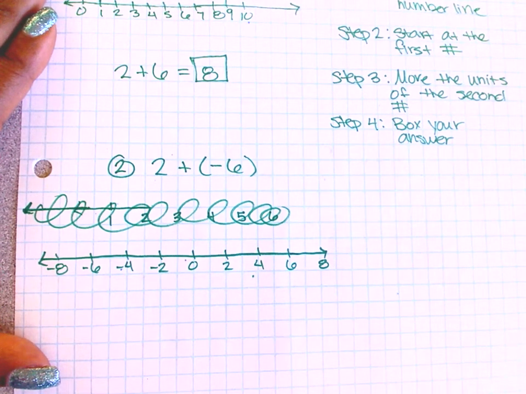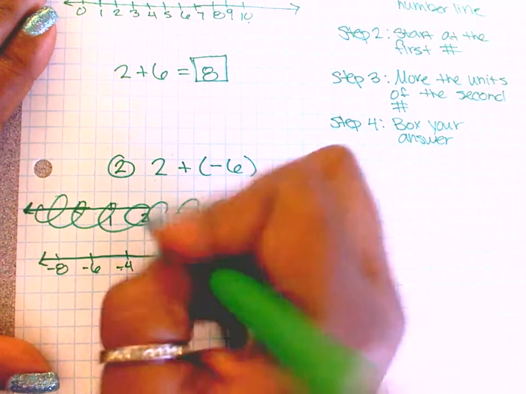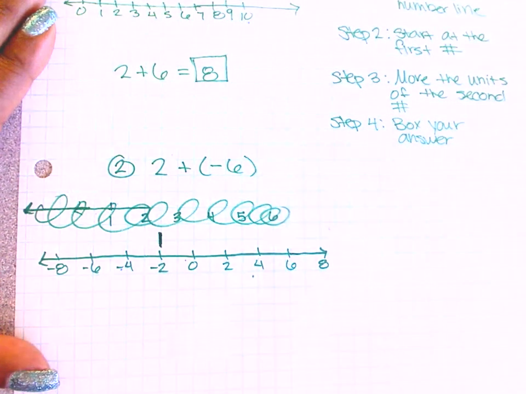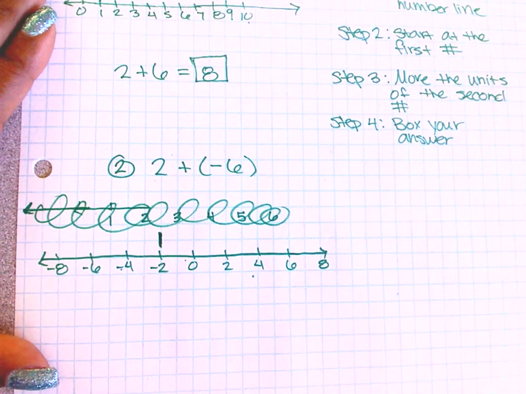So think before you draw. Okay, so step 1, look at the first number. 2, start there. Here I am at 2. Now I'm going to add a negative. So am I going to go to the right 6 or to the left 6? If I'm going negative, left, right?